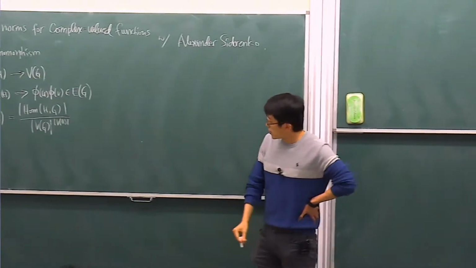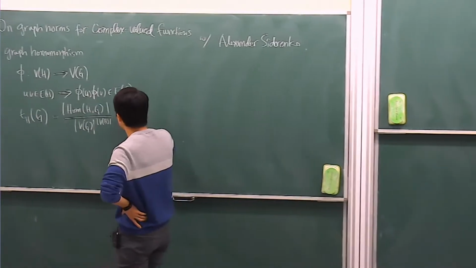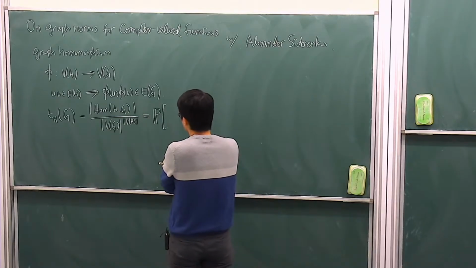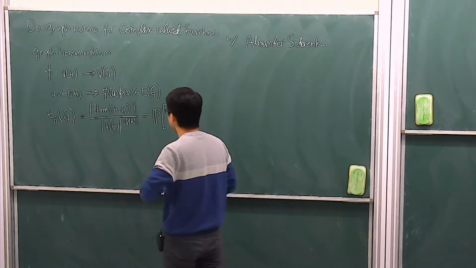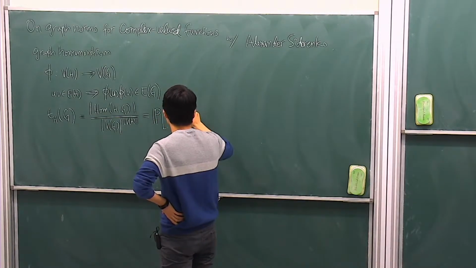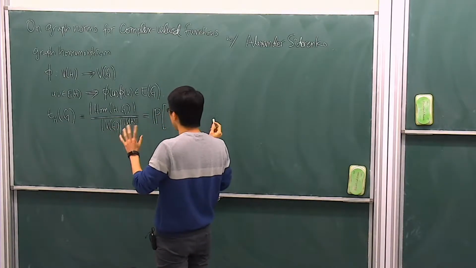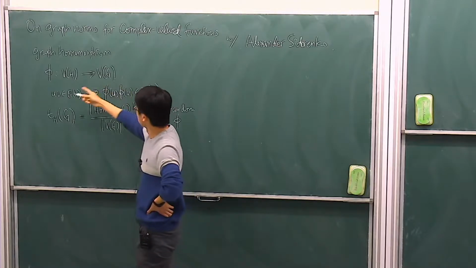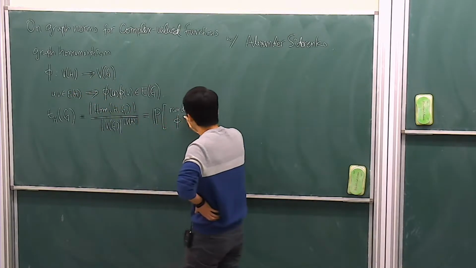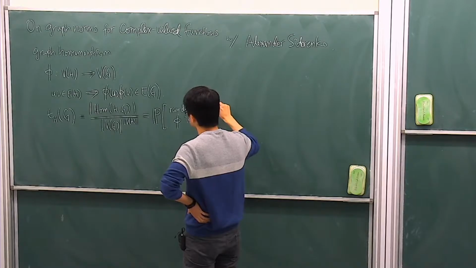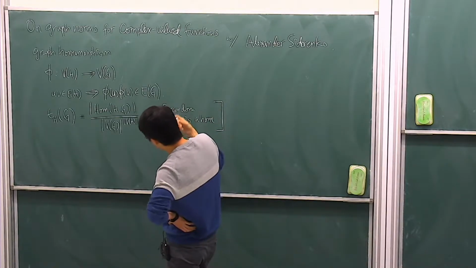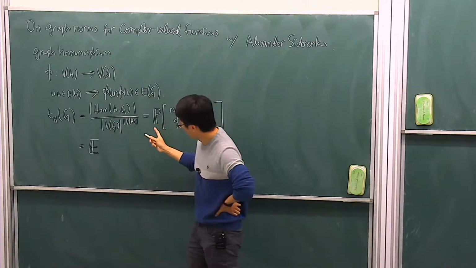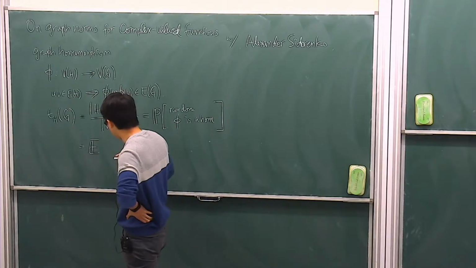I can rephrase this a little bit by taking probability into account, which means this is the probability that a uniform random phi chosen from all the vertex maps from H to G is a homomorphism. And I can rephrase further by replacing my probability by an expectation.